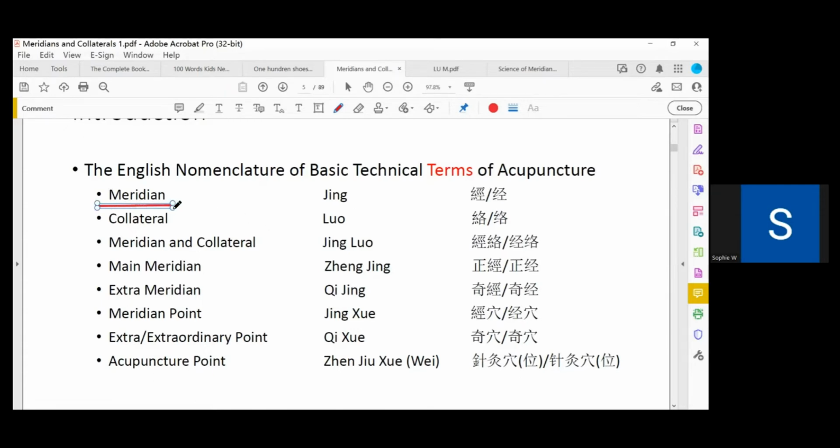In the formal exam, the board exam, we will use these terms. There are many terms for TCM because the translations are different in different books, and the college uses these terms.